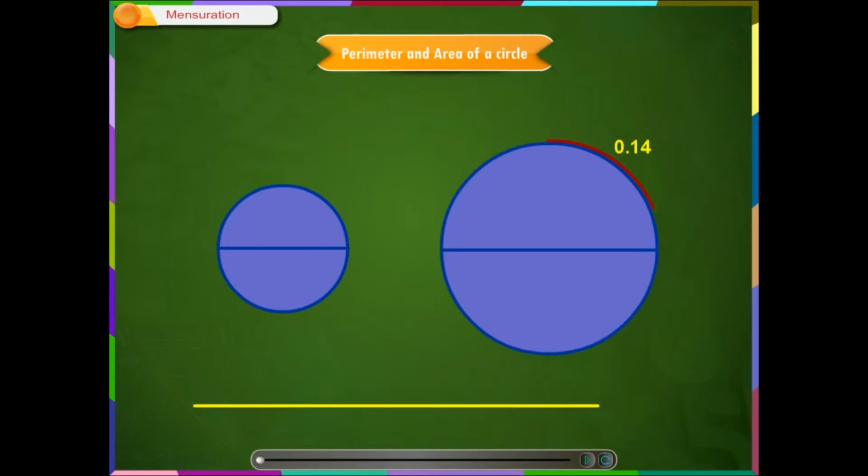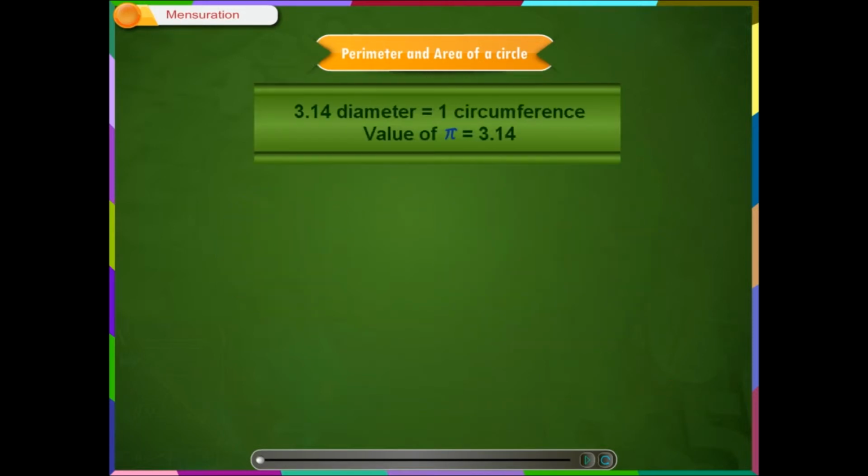Therefore, we need 3 diameters and 0.14 of the diameter to cover the circumference of a circle, whether big or small. That is, 3 plus 0.14 is equal to 3.14, which is the value of pi. 3.14 diameter is equal to 1 circumference.